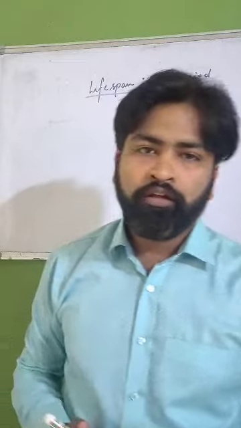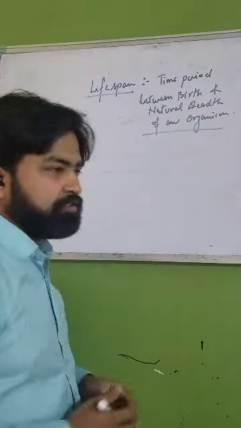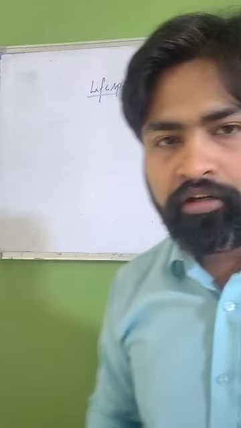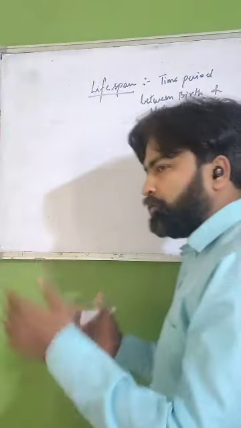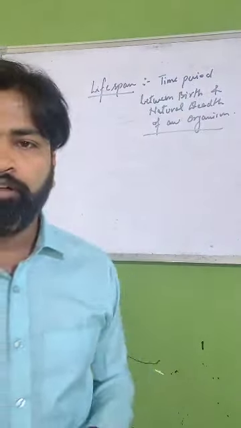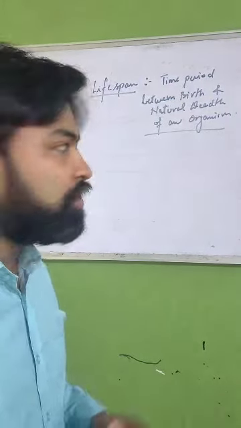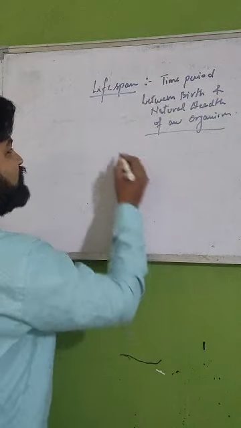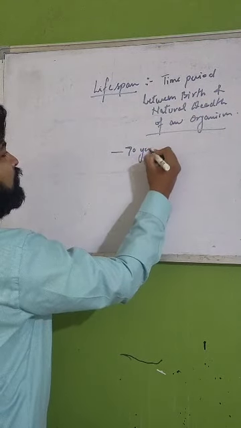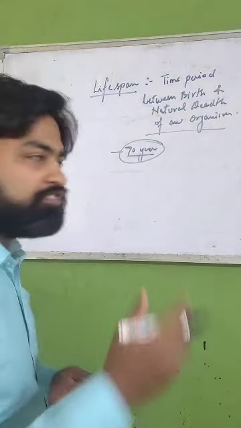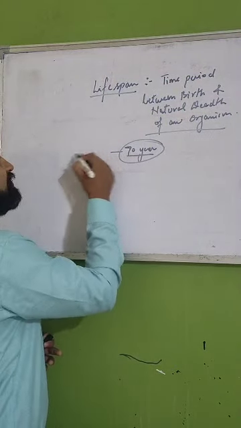You cannot say that a particular organism that is larger in size will have a larger lifespan, such as an elephant. You can't say that the elephant is one of the largest known animals, so it will have the largest lifespan, because an elephant has a lifespan of 70 years only, and so does a human. Human also has a lifespan of 70 years.